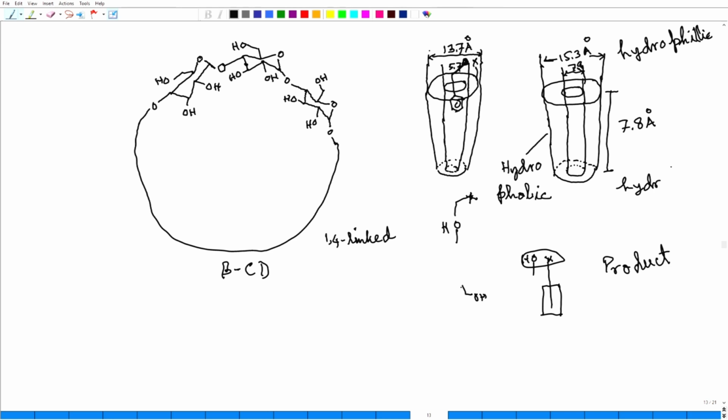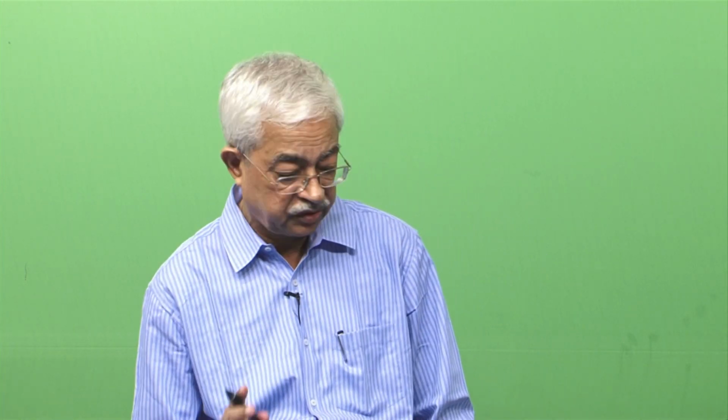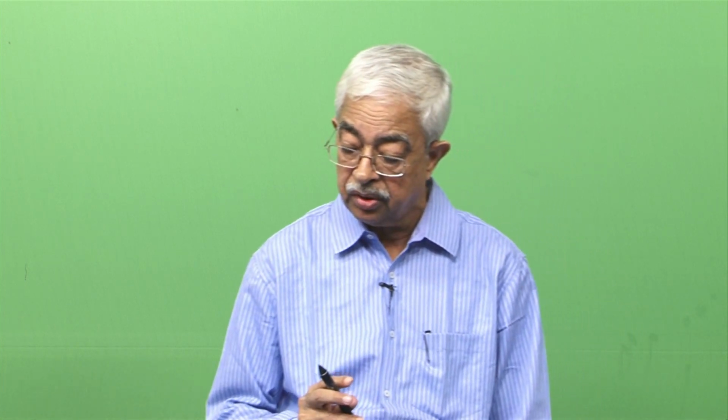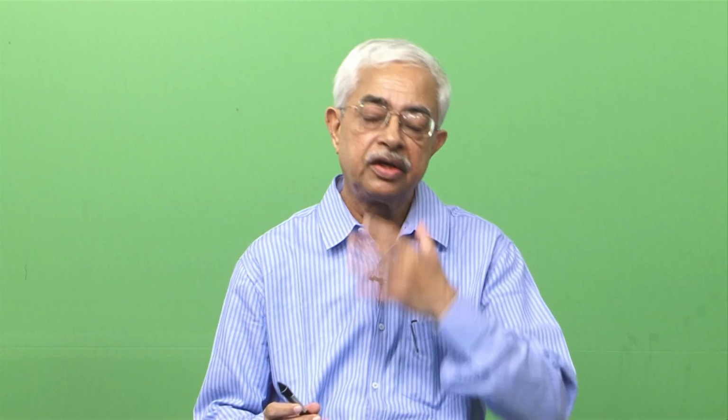The presence of OH groups makes it hydrophilic. So, these are hydrophilic, and the interior is hydrophobic. This is a primary alcohol and these are secondary alcohols at the top, which are more reactive, and then I can easily get things done. So, this is cyclodextrin, and they are very important because they are quite cheap. We can easily get it from the plant kingdom.